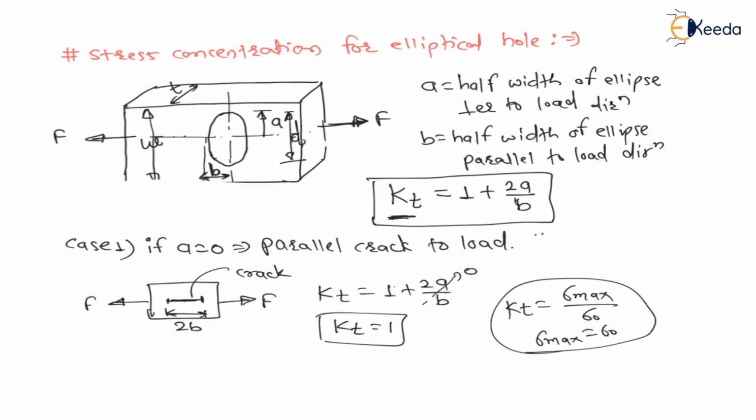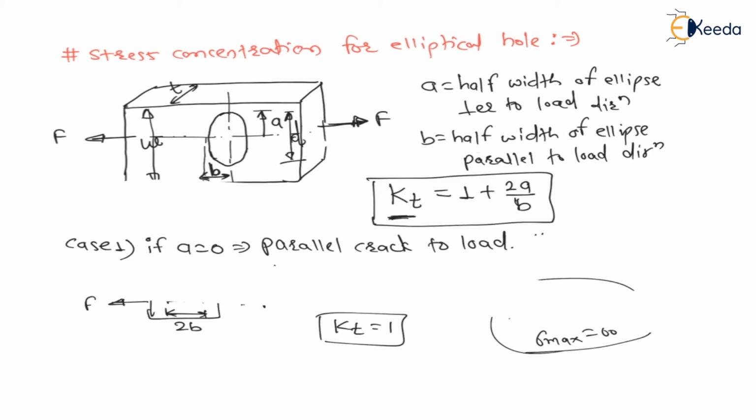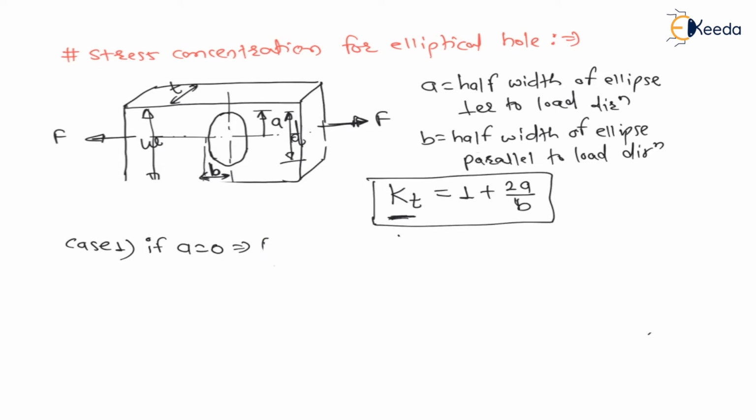Let us say another special case, case number 2, where the crack is perpendicular to the load, that is b is equal to 0. If I consider b is equal to 0, case 2, that means a perpendicular crack to the load, right?